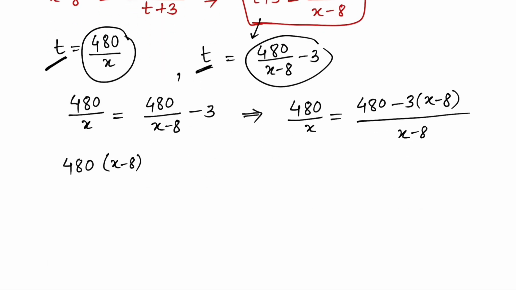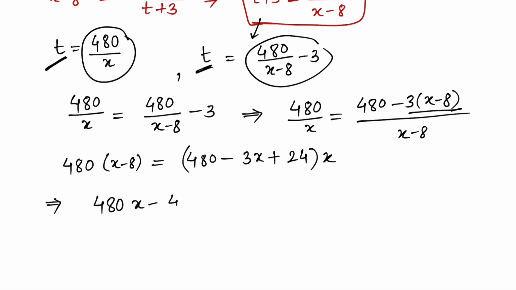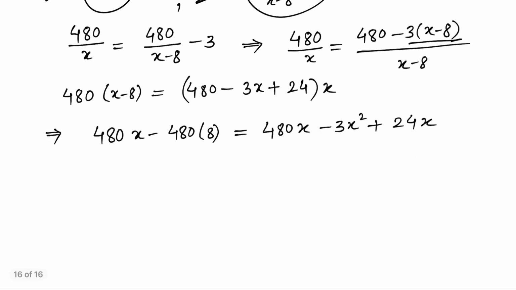So x minus 8 times 480 minus, this is 3x plus 24, times x, right? And this gives us 480x minus 480 times 8 is equal to 480x minus 3x square plus 24x, right?